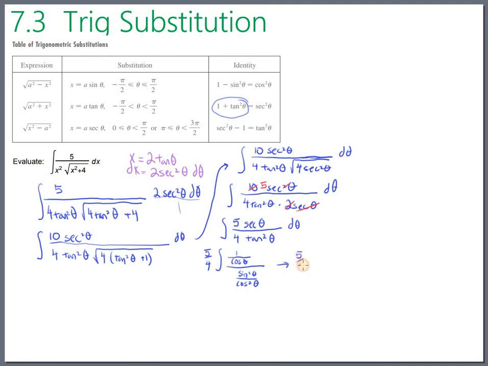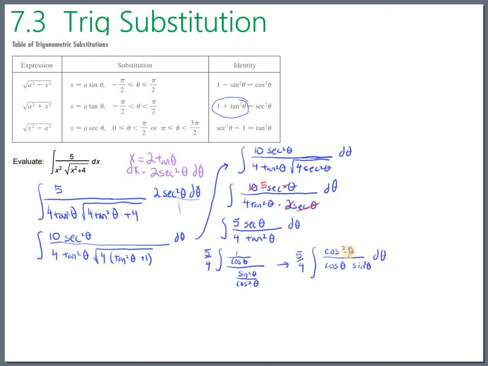Say we've got 5/4 integral. Flip the bottom fraction, so the top will be cosine squared times 1. The bottom will become cosine theta times sine squared theta d theta.